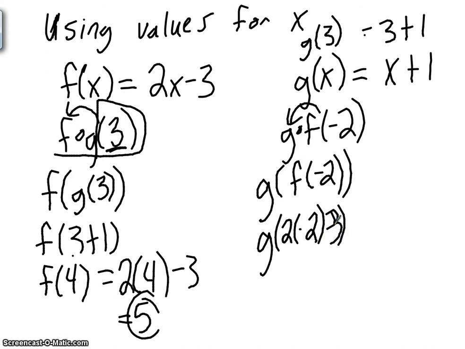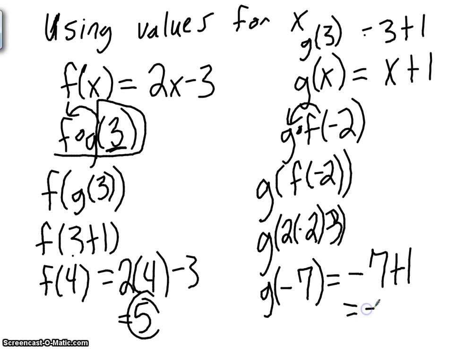And so when I work this out, 2 times negative 2 would give us negative 4. Then we've got minus 3 would give us negative 7. So g of negative 7, I'd have negative 7 plus 1 is equal to negative 6.